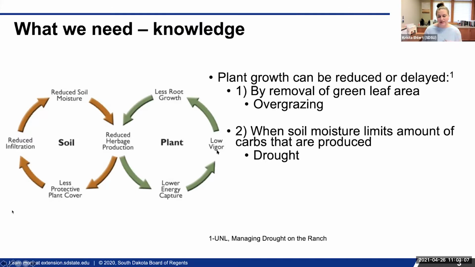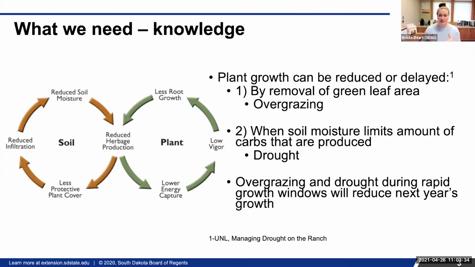That plant's going to wilt, it's going to have lower vigor, it's going to have less root growth, and then it continues over here into the soil realm, where if you have less plant growth, you're going to see less protective plant cover on that landscape, which means that when we do receive any precipitation, we're going to have reduced infiltration, and that will exacerbate the reduced soil moisture situation. So essentially, overgrazing and drought during rapid growth windows are going to reduce next year's growth.